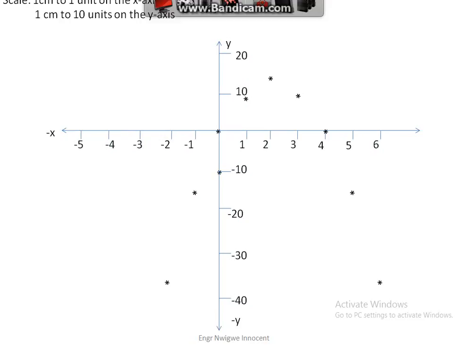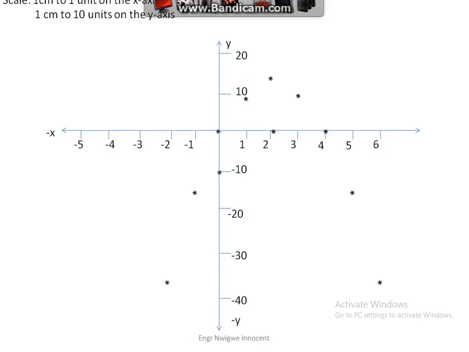So at the point where x is plus 2, y is 0, you mark an asterisk. When x is 0, y is minus 10. So when x is 0, y is minus 10, so at the point 10 on the negative y-axis, we mark an asterisk. That's the location of that point.